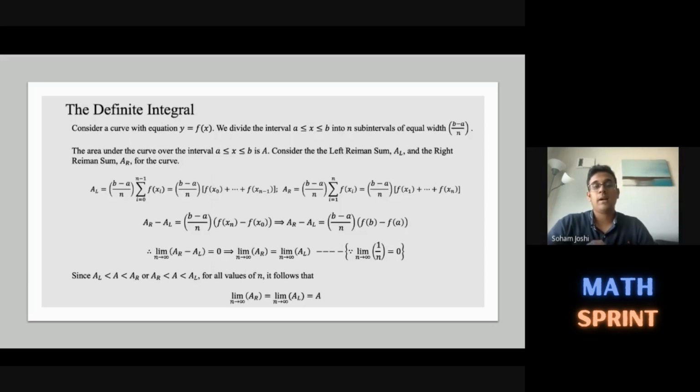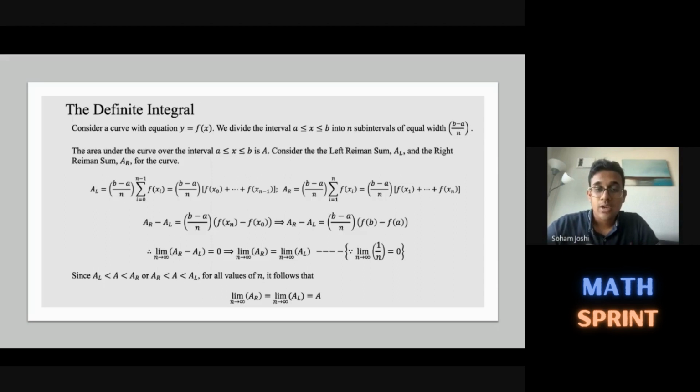So now we're going to come to the definite integral. Now you can understand the definition and reasoning behind this. Mathematicians were considering this idea of dividing the region under a curve into smaller pieces in order to find the area under it. Now, consider a curve with the equation y equals f of x.